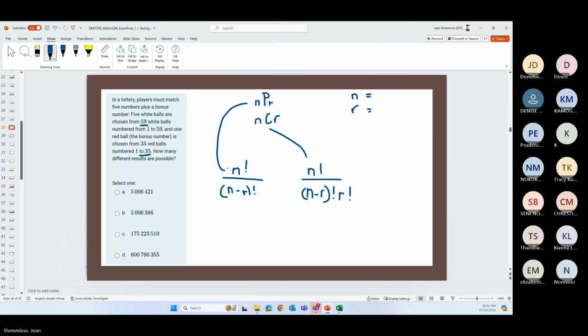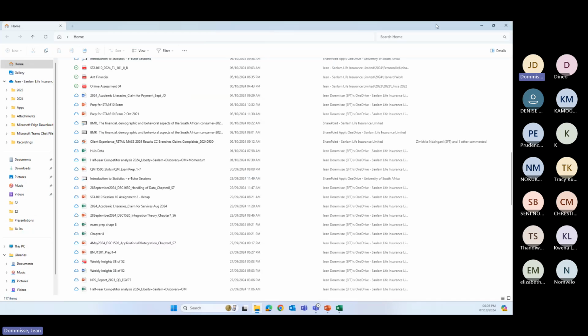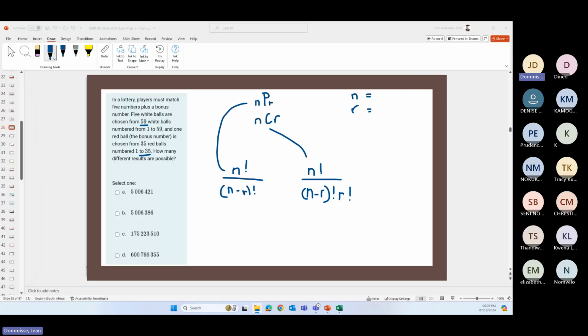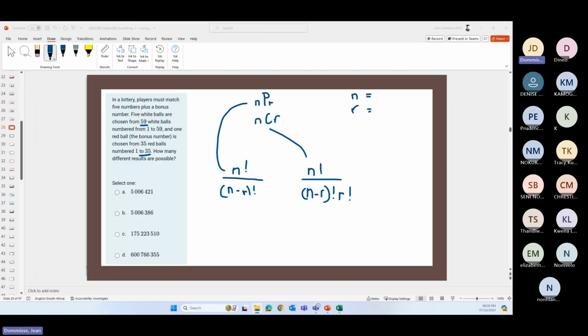So is it a combination or is it a permutation? What would you guys have said? You can say in the chat, is it a P or is it a C? Which one would you have gone for?